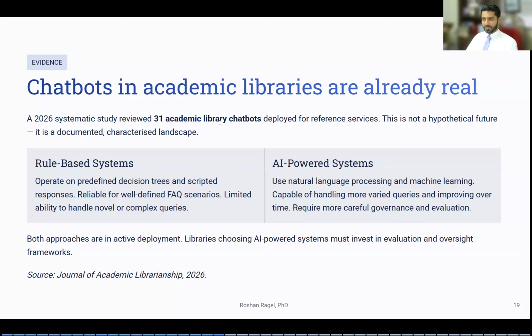Their count, based on a survey, is about 31 academic libraries using chatbots. Those chatbots are used for giving not generic chatbot-type responses, but more RAG-based, evidence-based responses, which are obviously better. And the libraries can also take responsibility for such responses.